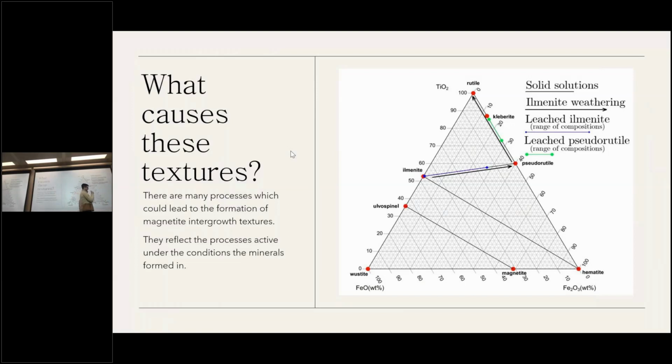And so you have this igneous texture of interlocking ilmenite and magnetite minerals, which are then, during weathering, broken up into these tiny grains, which make their way into the deposit.